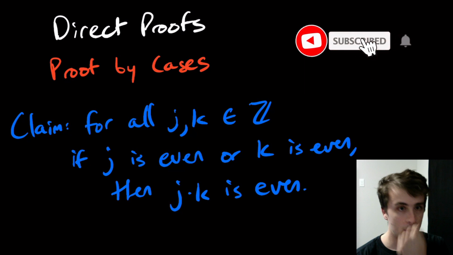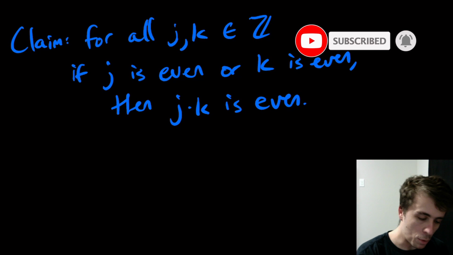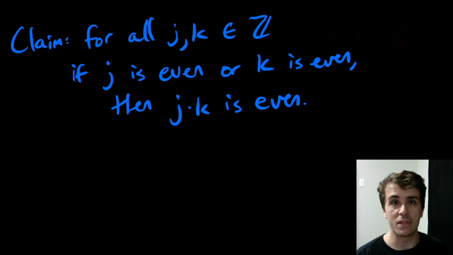Okay, so this is just saying that if we're multiplying two numbers and one of them is even, then the product of them is even, and we can intuitively see that that's the case.